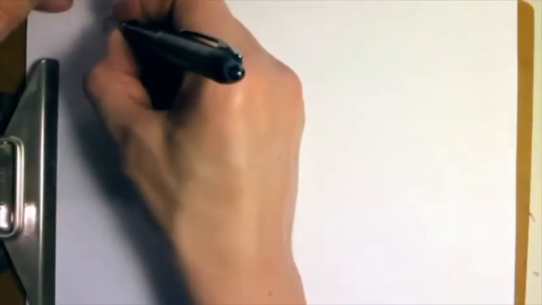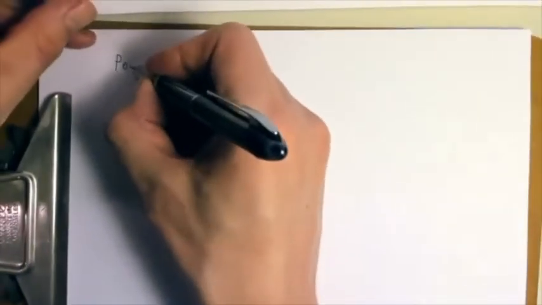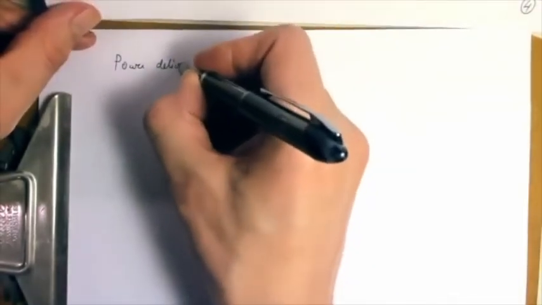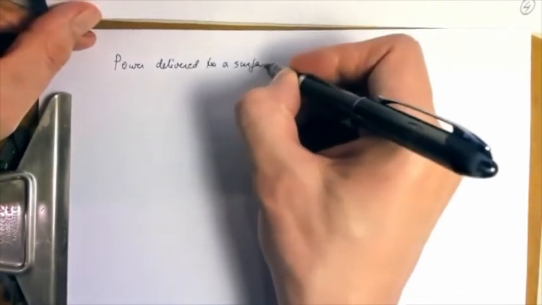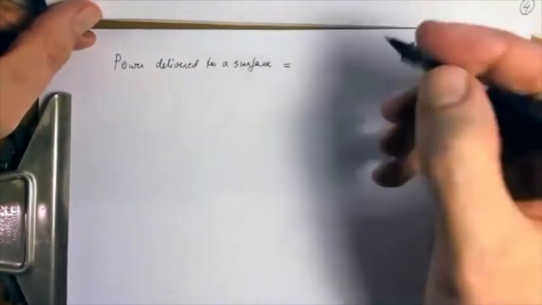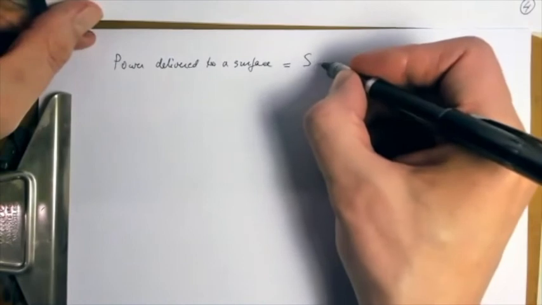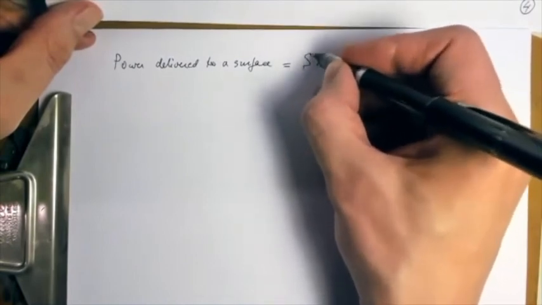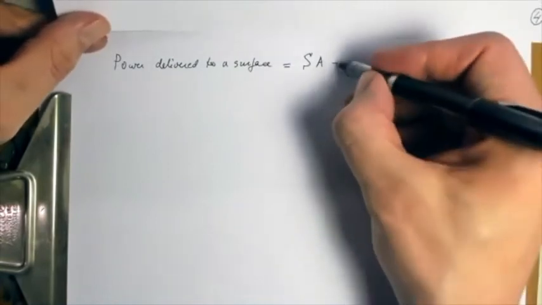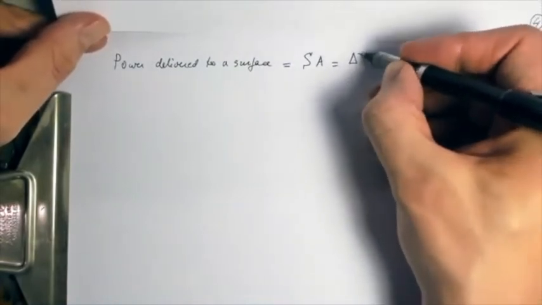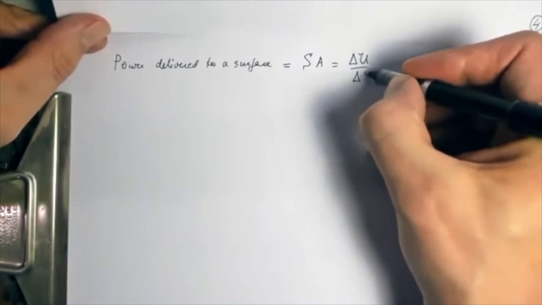Then the power delivered to a surface is that same thing that we had before. So that's the Poynting vector times A. But that is actually power, right?